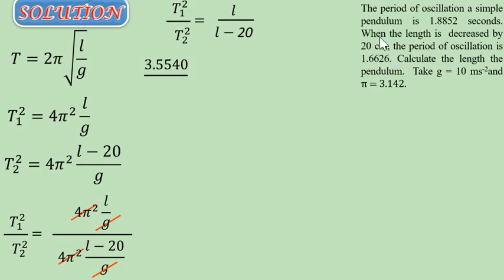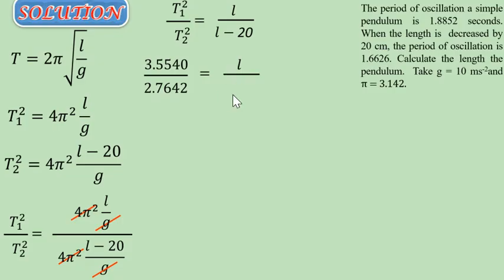Use your calculator, square that. If you have done it well, you have 2.7642. That's on the left-hand side. On the right-hand side, we still have the same value. There should be no change.